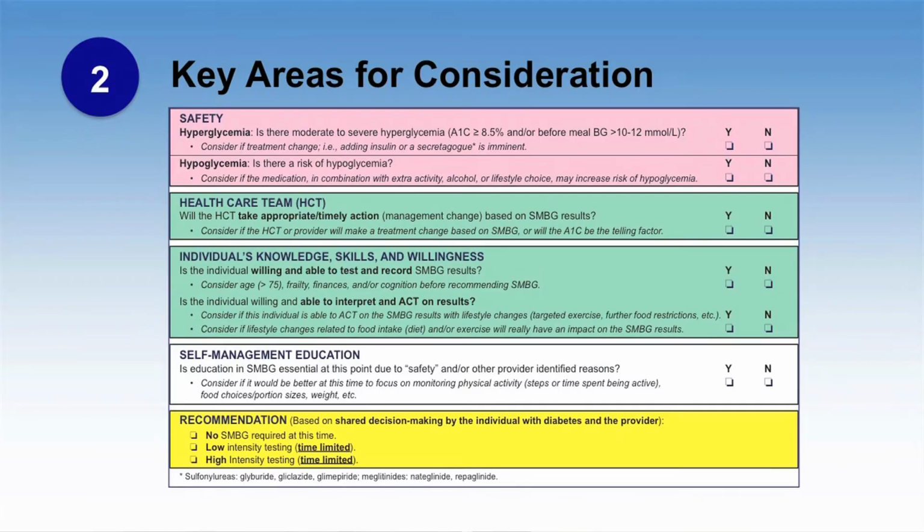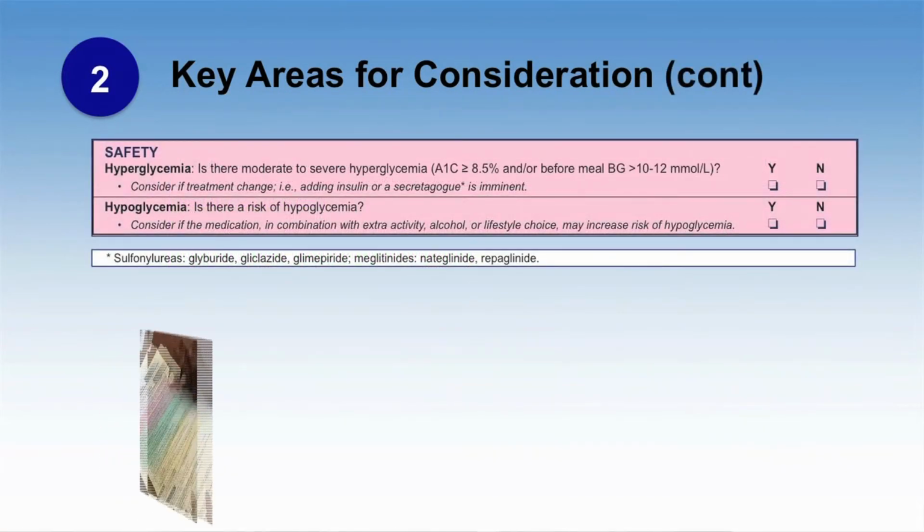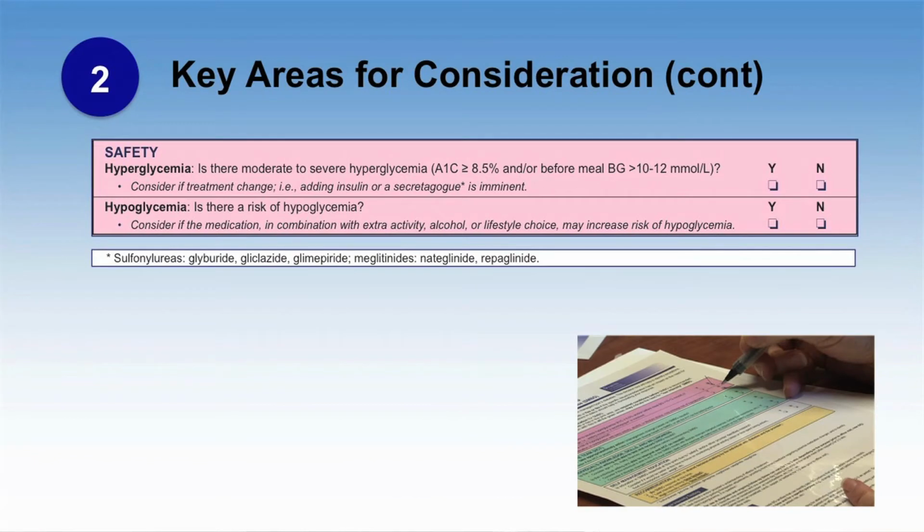Okay, so here are the key areas for consideration. From a safety perspective, when should they be testing? What we have decided upon is, is there moderate to severe hyperglycemia? And what we've defined that as is an A1C of greater than 8.5%, or a before meal blood glucose averaging 10 or 12.